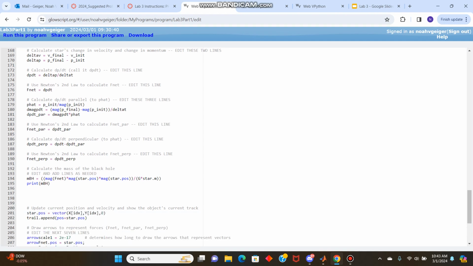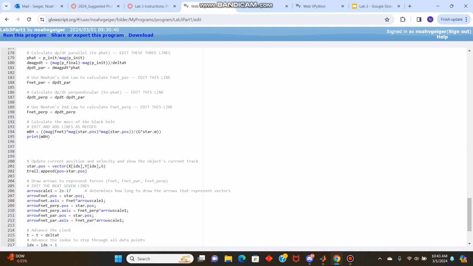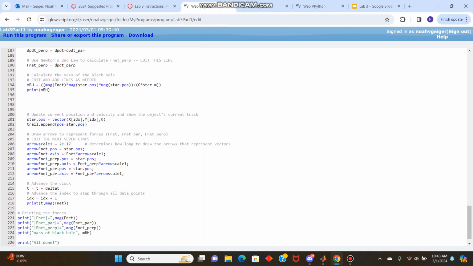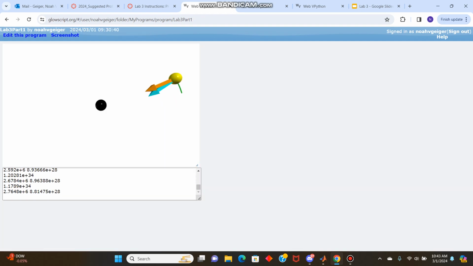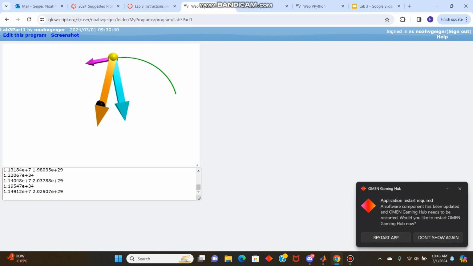Then we use it to find F net and all this other stuff, F parallel, F perpendicular, and such. And we're just going to run the program here to determine the mass of the black hole.